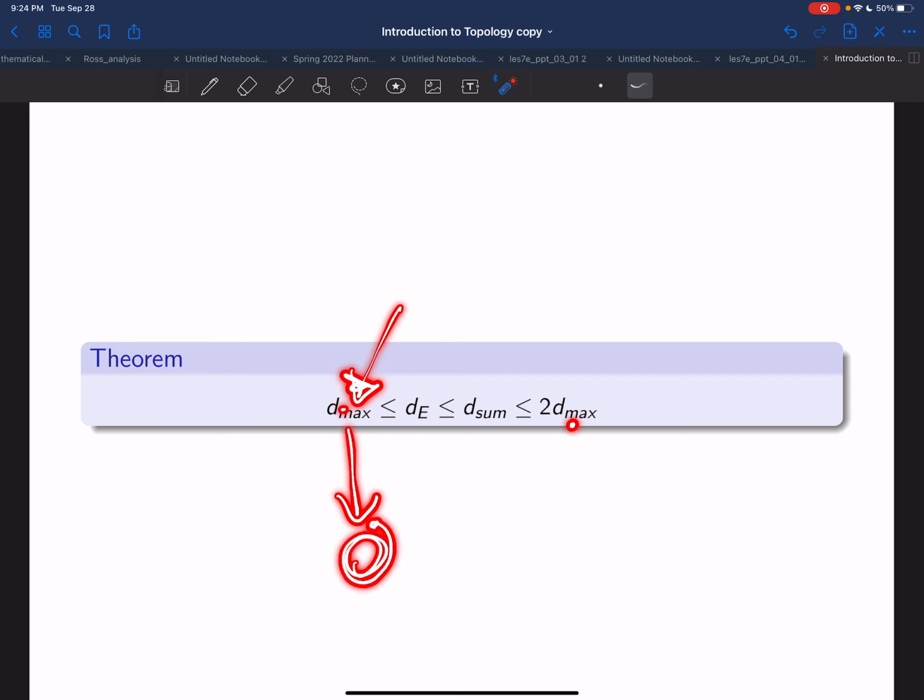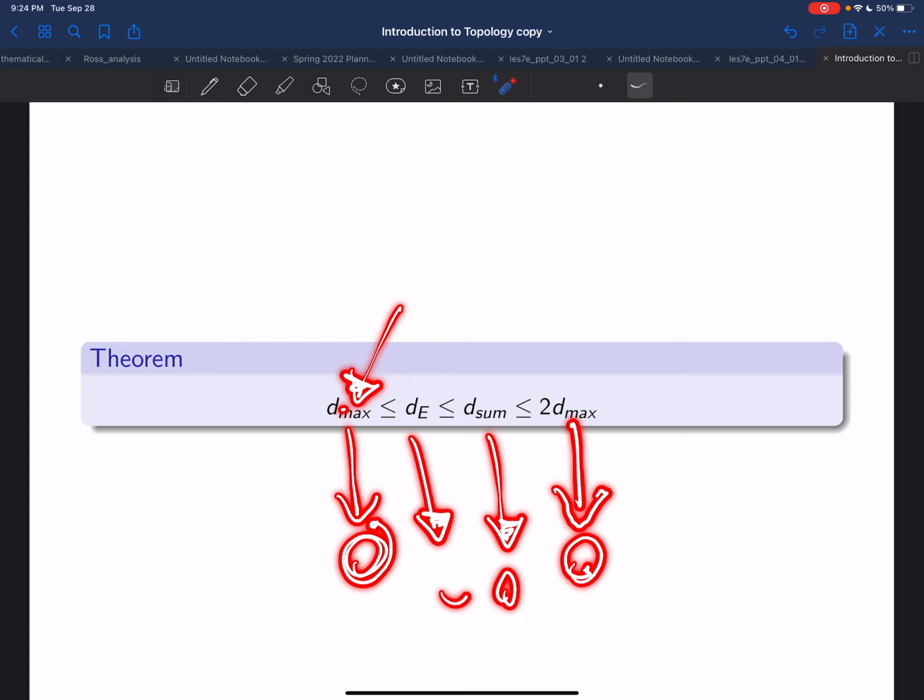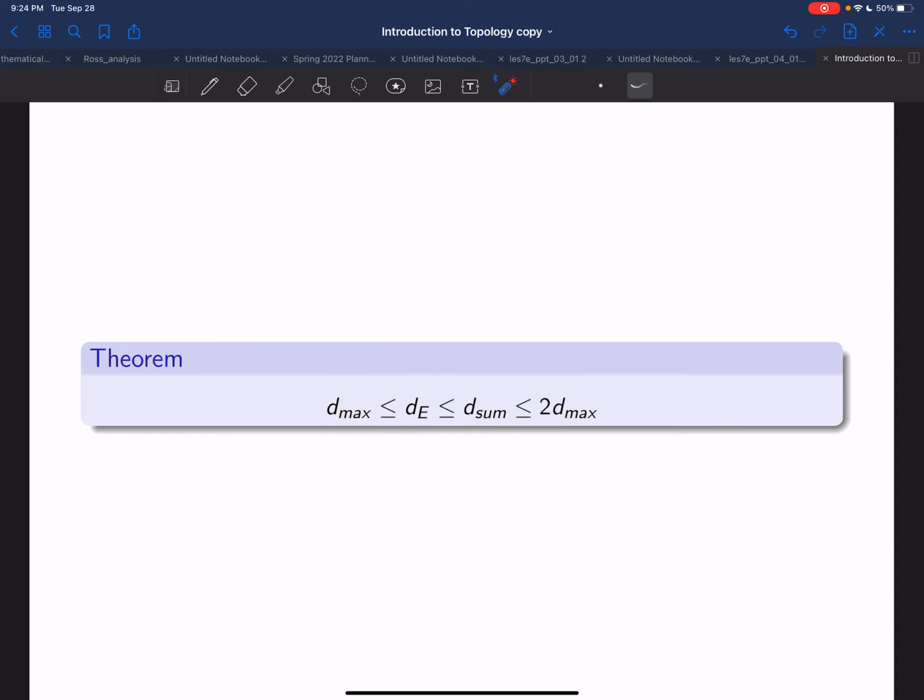But if those distances are going to 0, then 2 times those distances are also going to 0. Apply the squeeze theorem, and we get that our sum metric goes to 0 and our Euclidean metric goes to 0. So if our P sub n is converging to P with respect to the max metric, it also has to go to 0 with respect to the sum and the Euclidean metric.